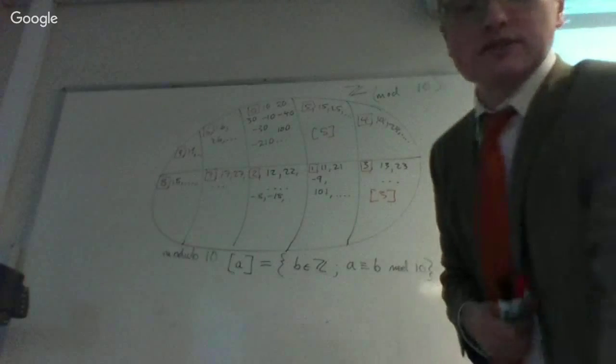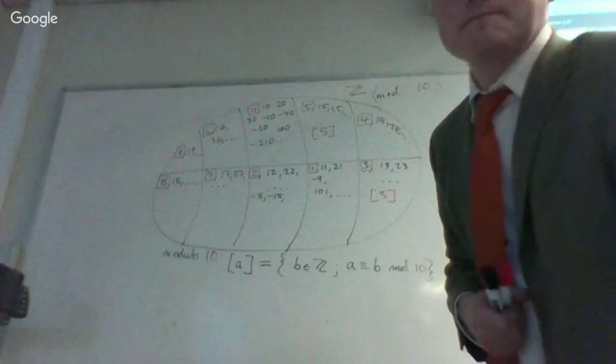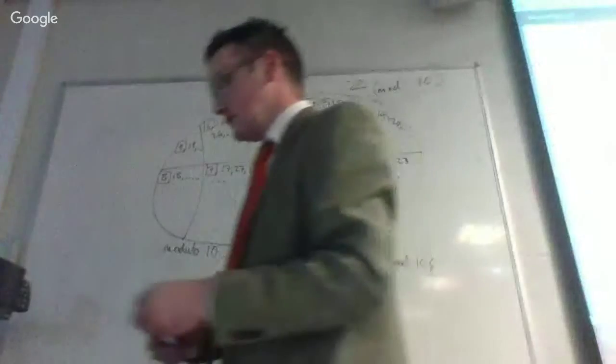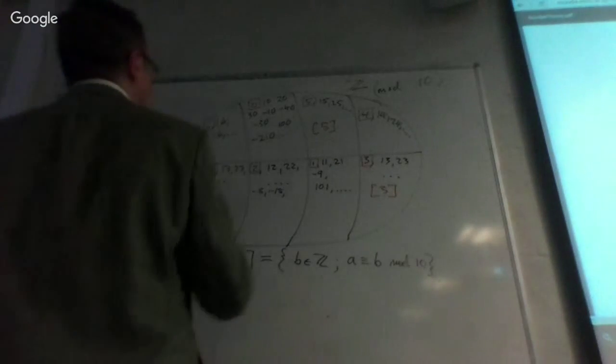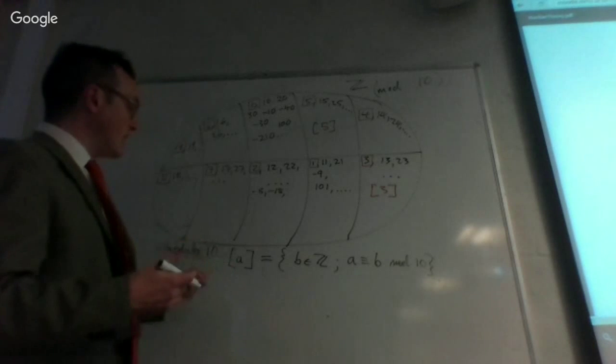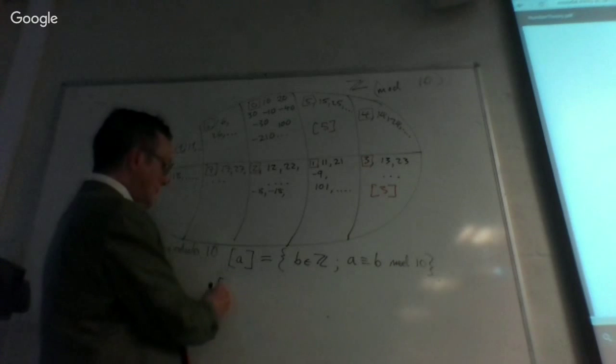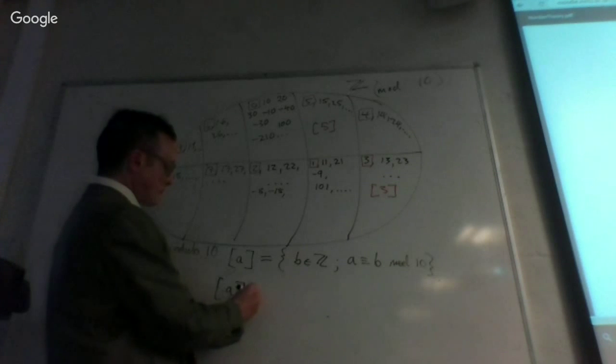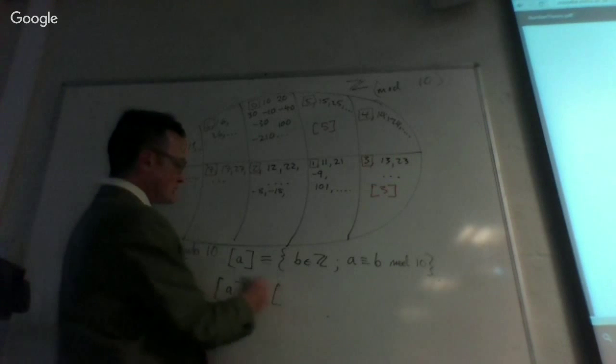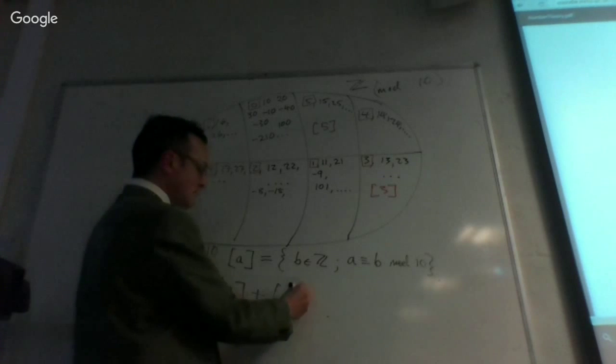Acting on the congruence classes themselves. What do I mean by that? Okay, we all know how to add integers, how to add a pair of integers. But now we want to speak of adding congruence classes of integers.